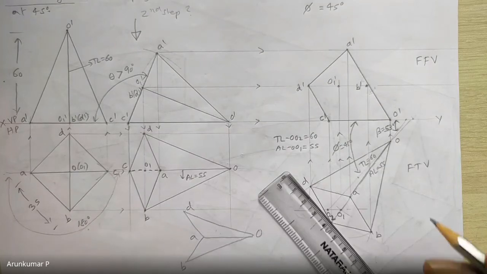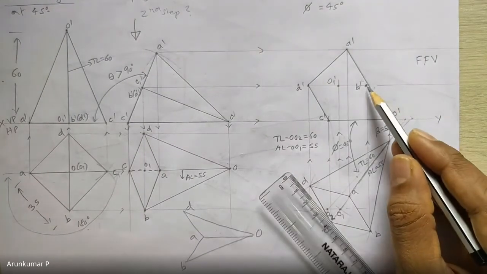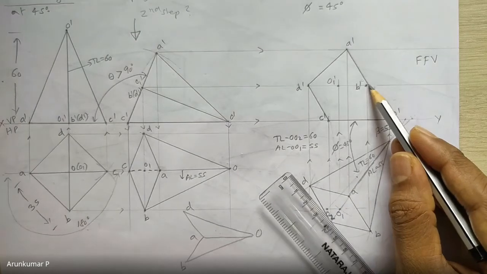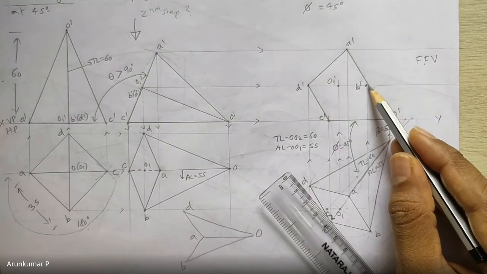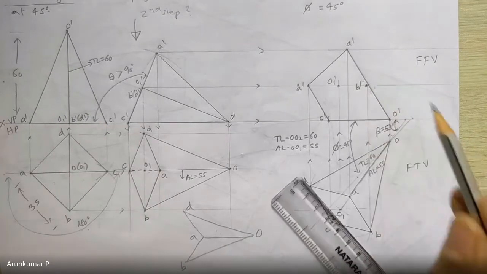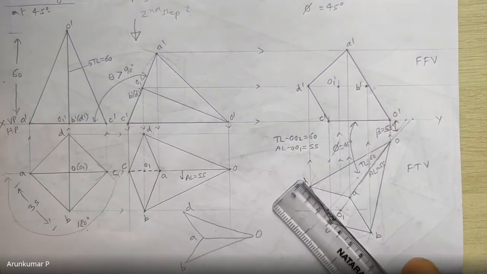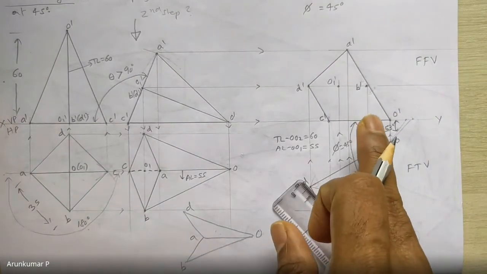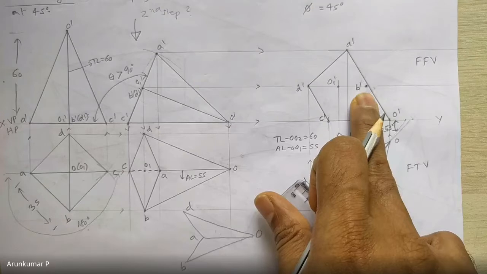So that makes B dash an interior point by maybe 1 or 2 mm, not much. So the gap is not more. You have to be very careful in such cases. It will be like this only. I think most of you may be getting it like this. Isn't it? You are getting B dash as an interior point or exterior point?